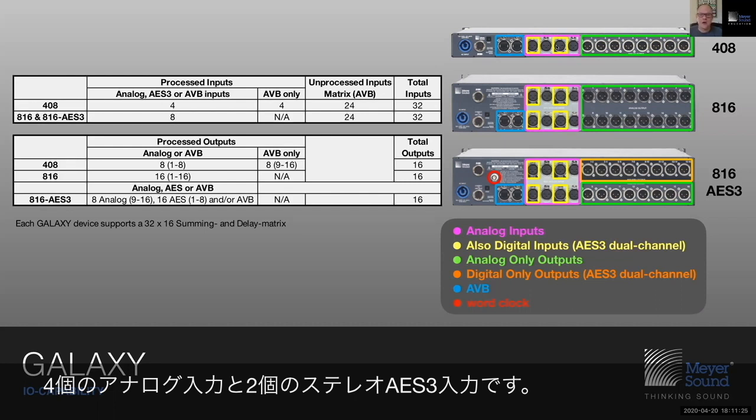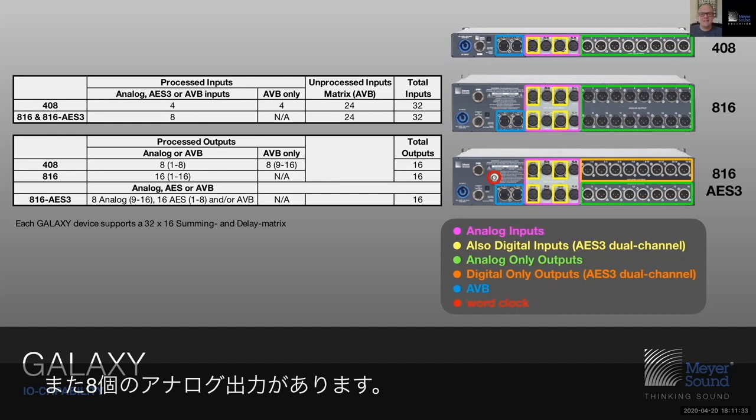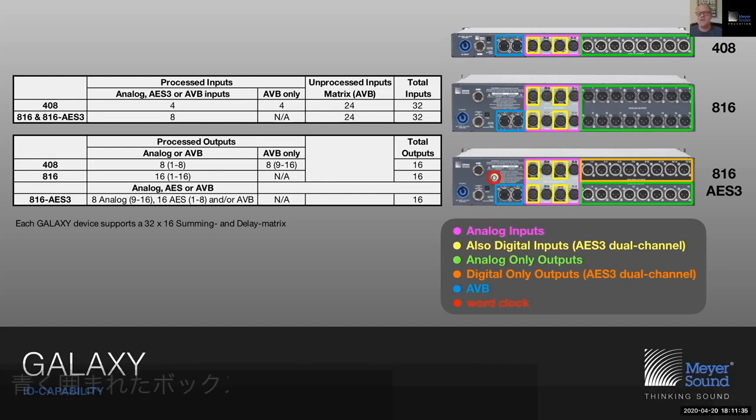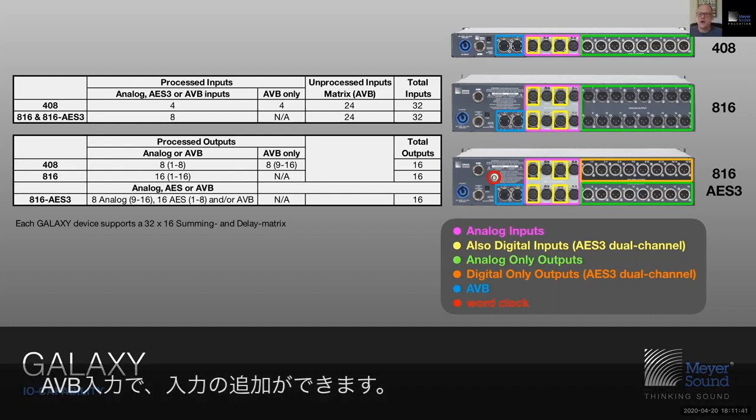So 4 analog inputs and/or 2 stereo AES3 inputs. Other than that, it has 8 analog outputs. Within the blue bounding box, we see our primary and secondary AVB inputs, which allow for additional input capability.